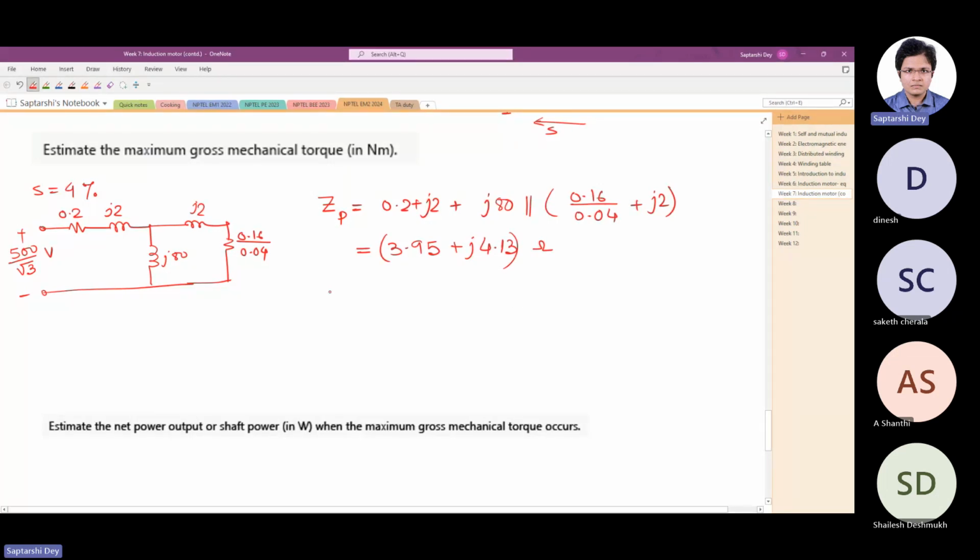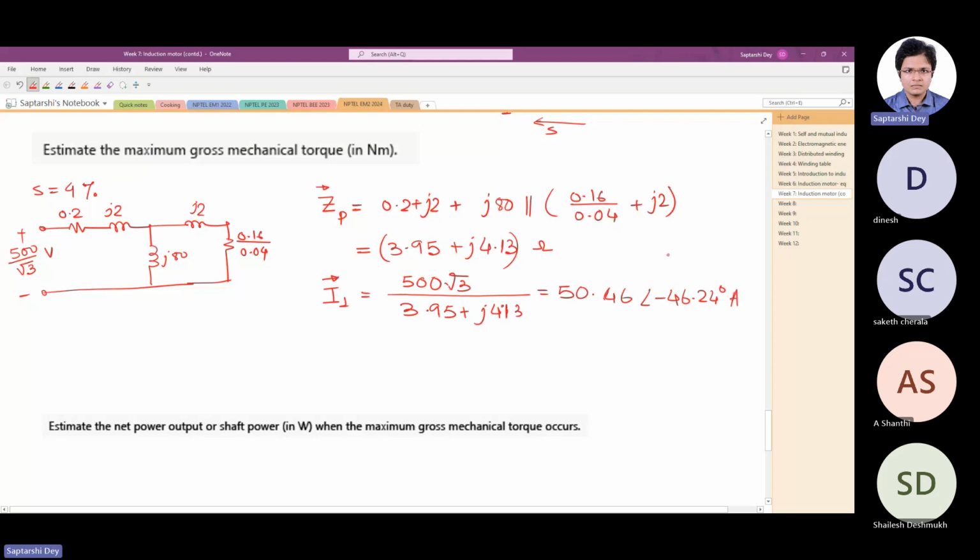So the line current, or the stator current, you can say I1, that is flowing is 500 by root 3 divided by 3.95 plus j4.13, which comes out to be this.